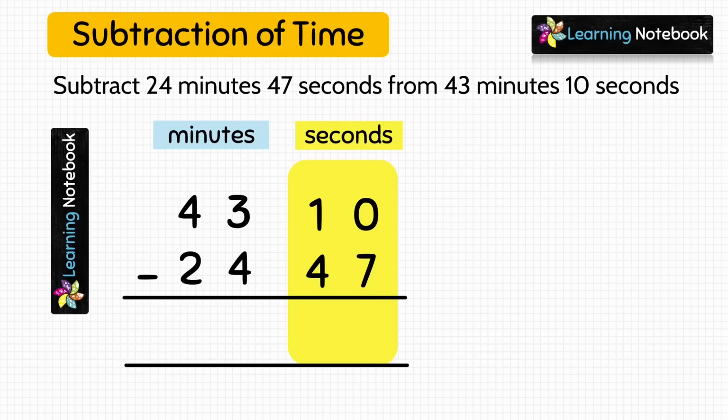But students, again remember that while subtracting, we have to consider both the digits of the seconds. And here 10 is less than 47. So we cannot subtract them. So let's borrow 1 minute, or we can say 60 seconds, from the minutes column.